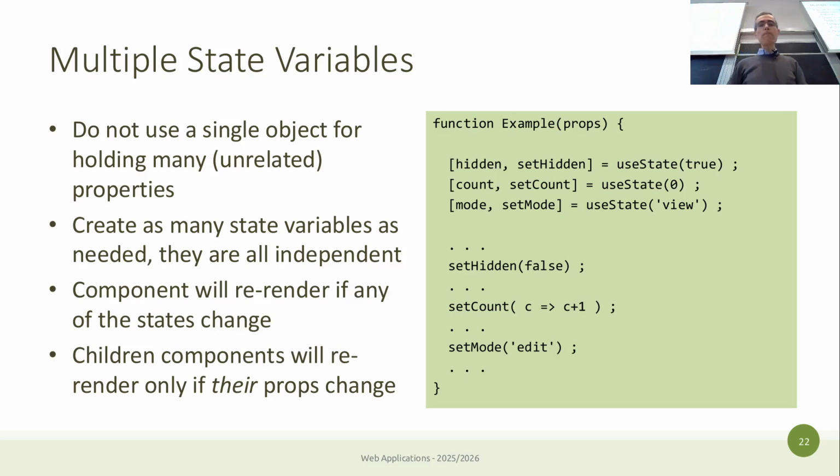So you can use as many useStates as you like, and actually use a useState for each independent state that the component can have, okay? Independent means you don't have to change information in other states if something changes in one. Like hidden here is independent from the count, which is independent from the mode, okay?